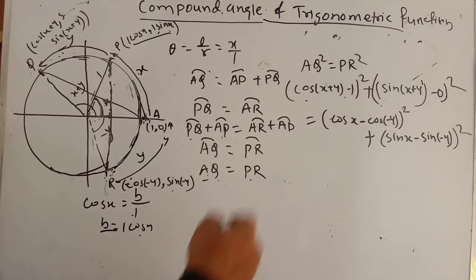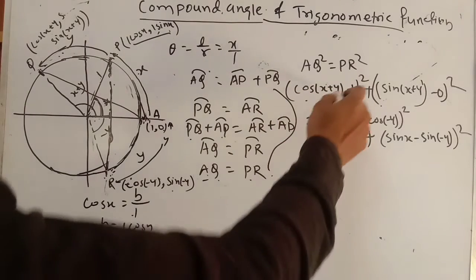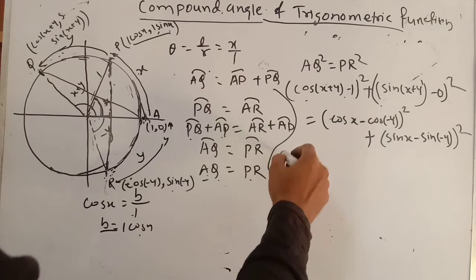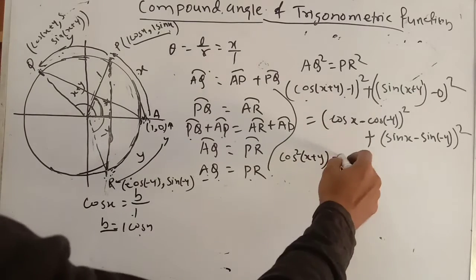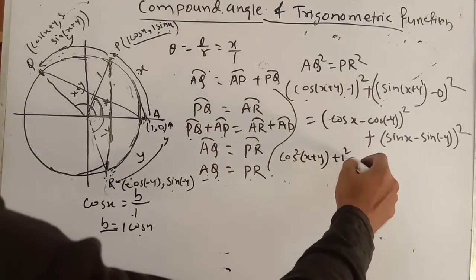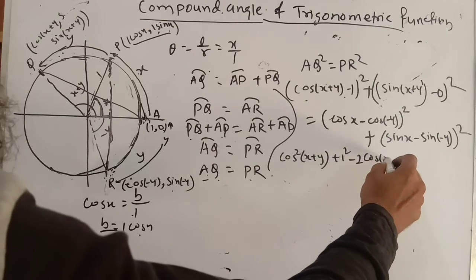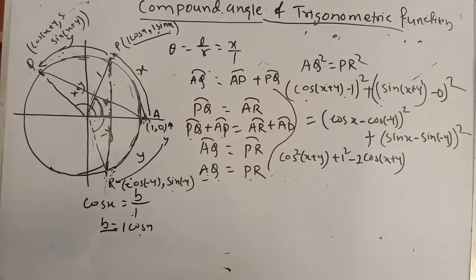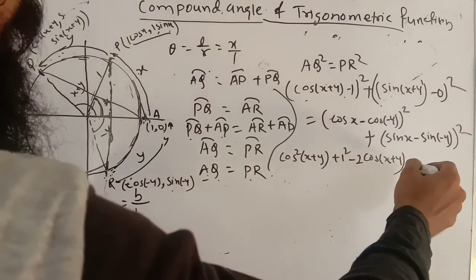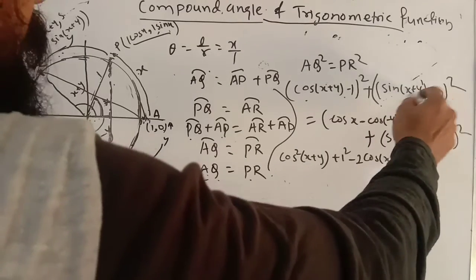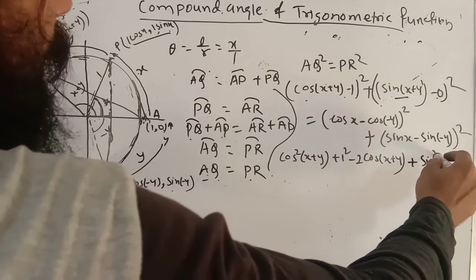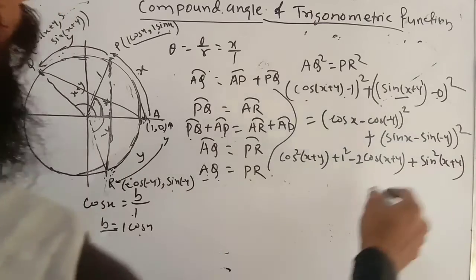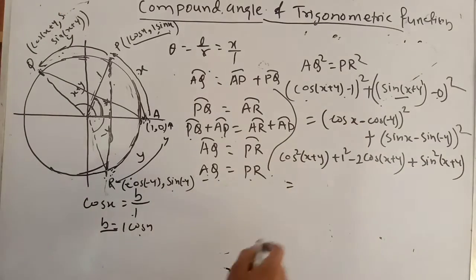Now break these squares. Using a square plus b square minus 2ab, we get cos square(x plus y) plus 1 square minus 2 cos(x plus y), and similarly sin square(x plus y). Then break the other side.